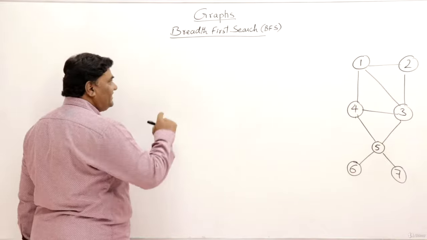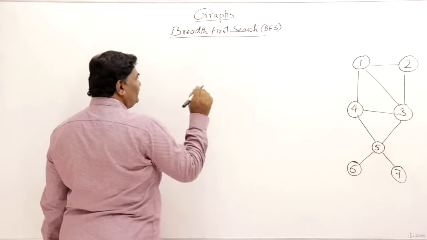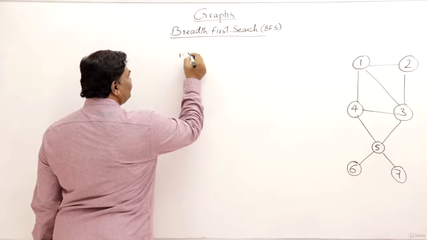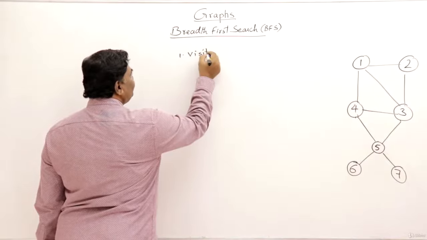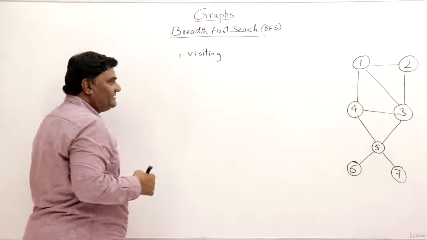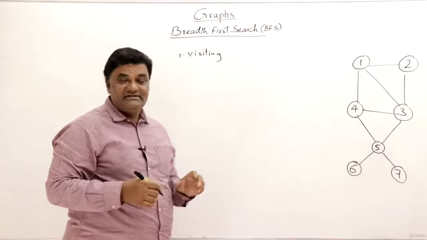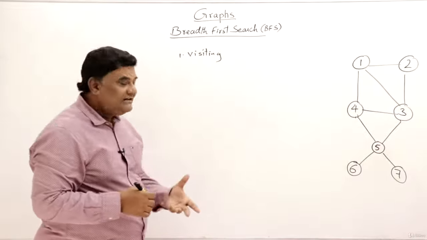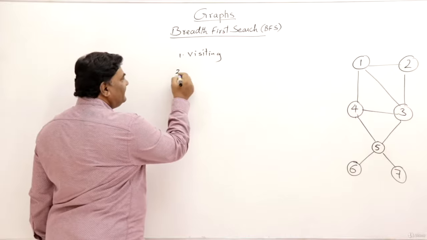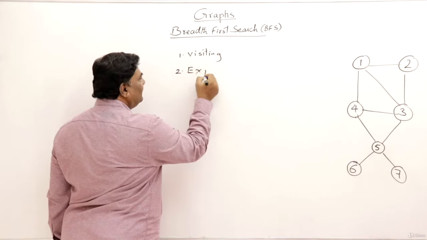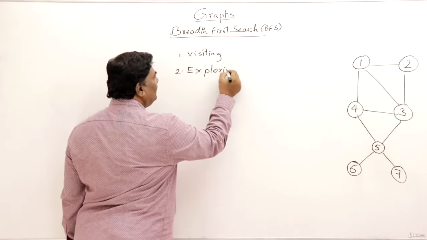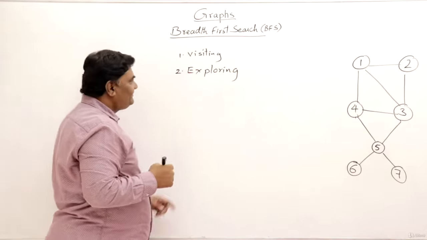See, breadth first search can be defined by using 2 terms. First term is visiting. Visiting a vertex means going upon a particular vertex. That's the first point. And the second thing we should understand is exploring. Exploring means exploration of a vertex.